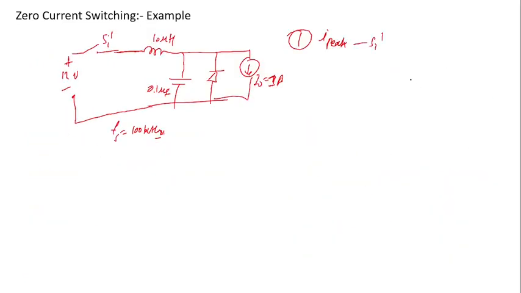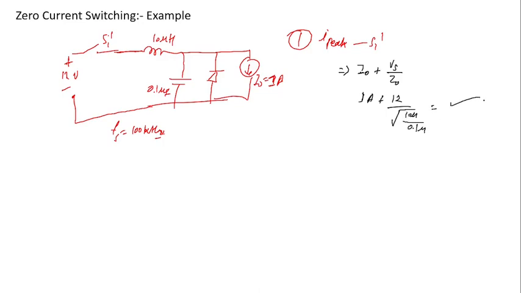So the peak current is I naught plus Vs divided by Z naught. What would be the answer? It is 1 ampere plus the source voltage of 12 volt, and Z naught is the square root of L divided by C, which means 10 microhenry divided by 0.1 microfarad.